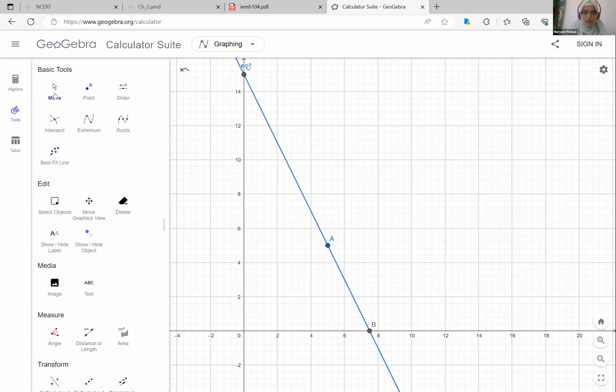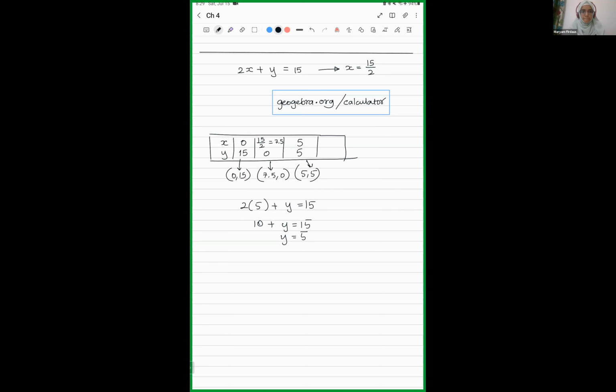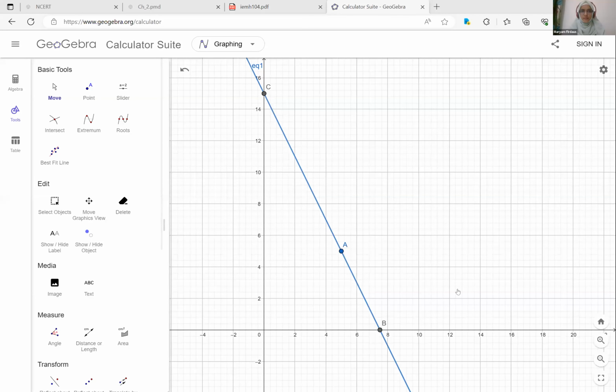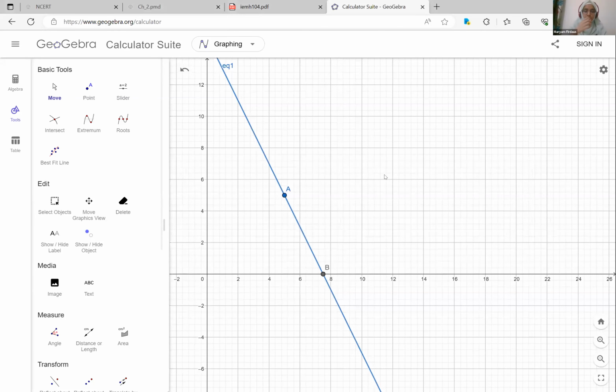You're not able to see my graph? Yeah, I can't see the line. The graph is not on the screen. I'm going to share my screen again. Screen share is loading. Okay, let it load.